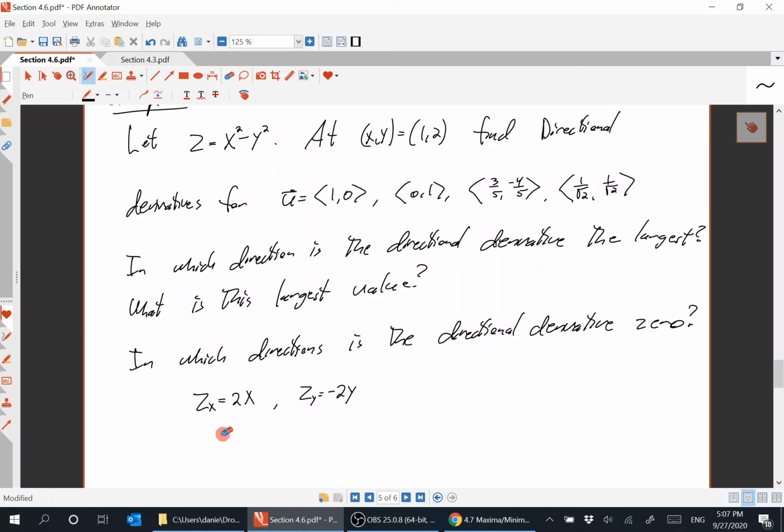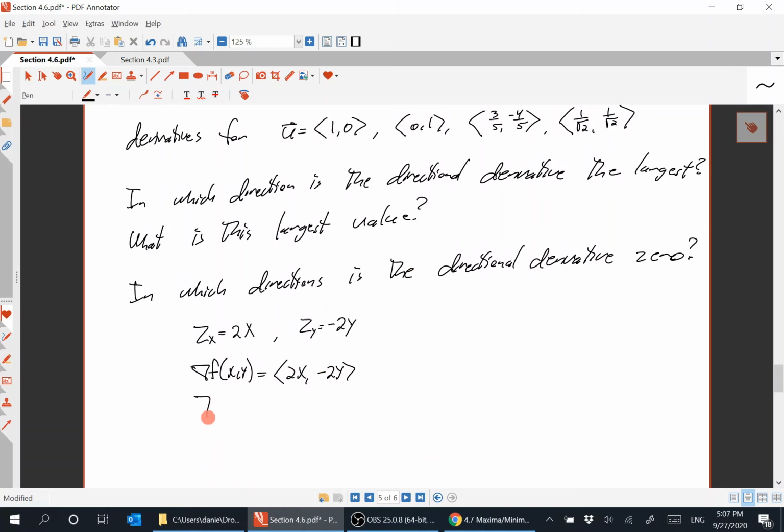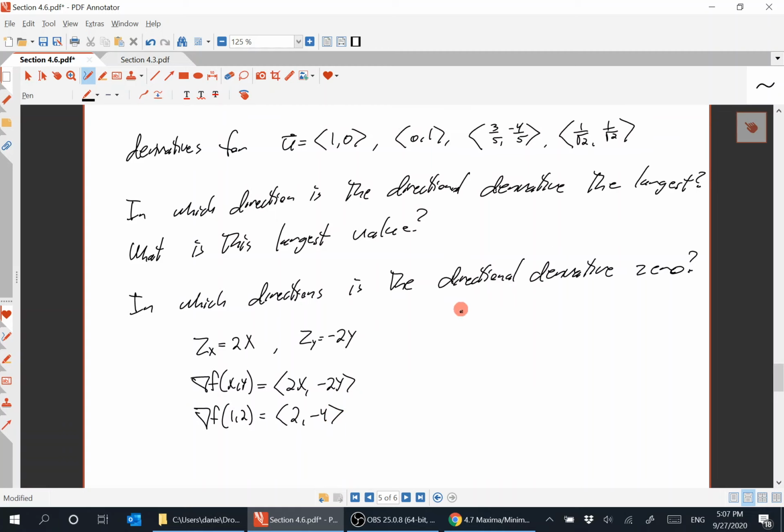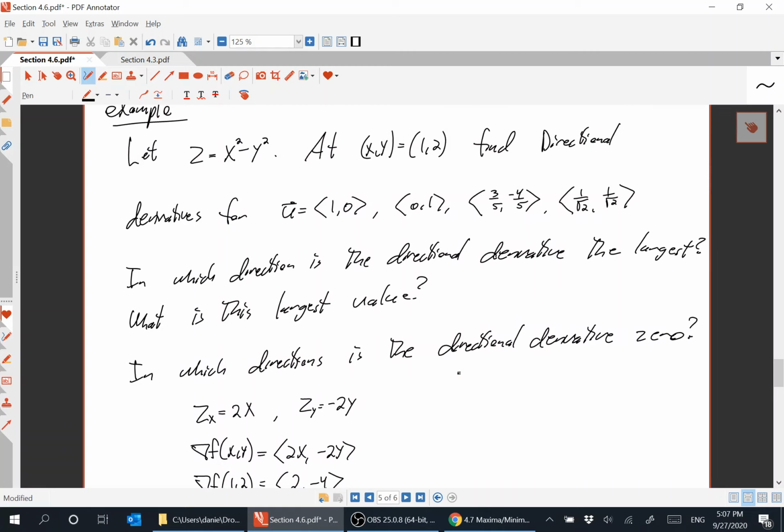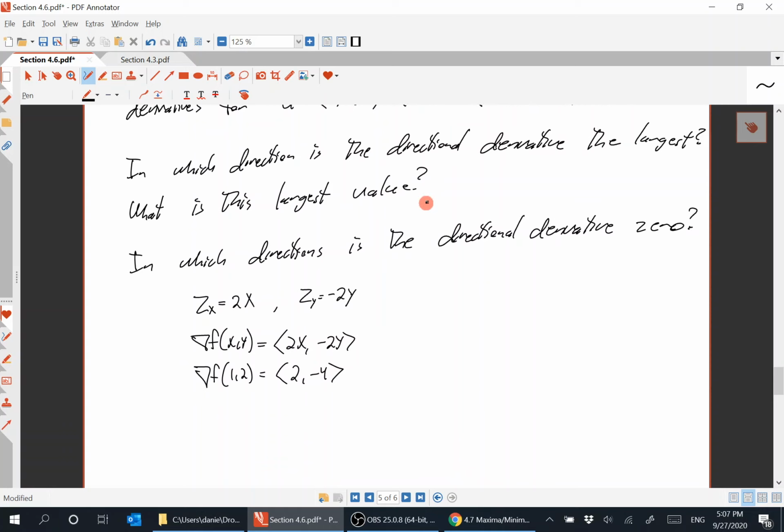The gradient of f in terms of x, y is (2x, minus 2y). So the gradient at the point (1, 2) is (2, minus 4). Okay?